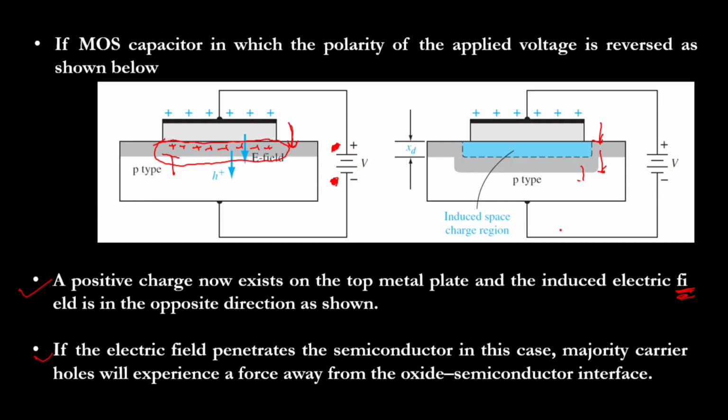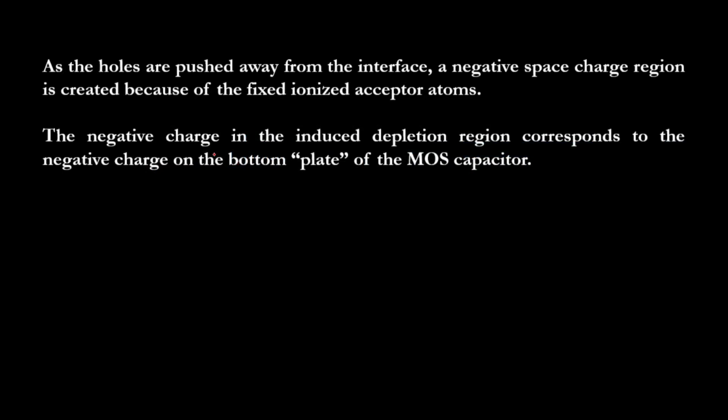So there will be a space charge region. As the holes are pushed away from the interface, a negative space charge region is created because of the fixed ionized acceptor atoms. The negative charge in the induced depletion region corresponds to the negative charges on the bottom plate of the MOS capacitor.